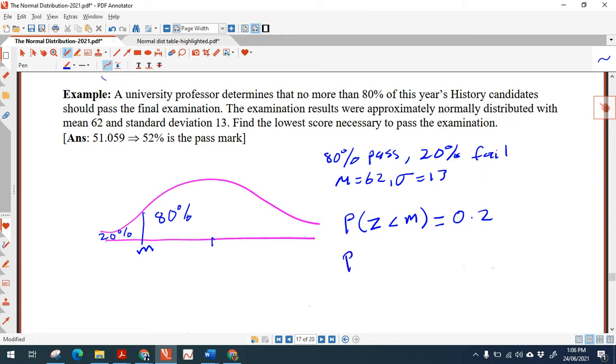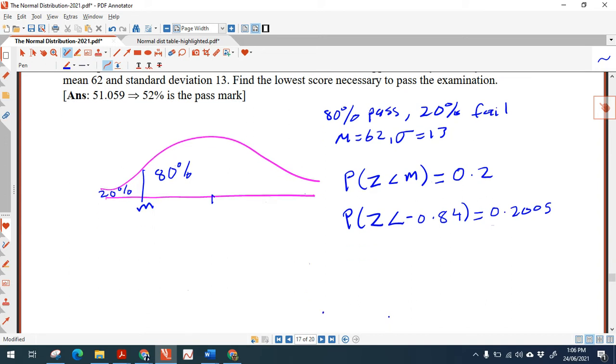The probability that Z is less than negative 0.84 is equal to 0.2005. That's still an approximation, but that's very close to 0.2. All right, so the Z score, which corresponds to M here, is negative 0.84.